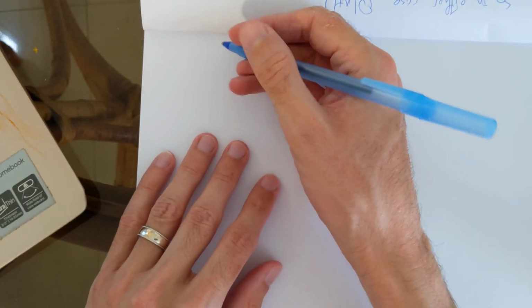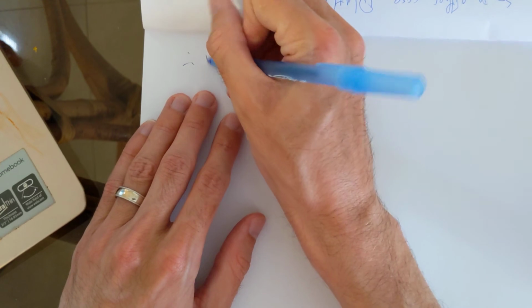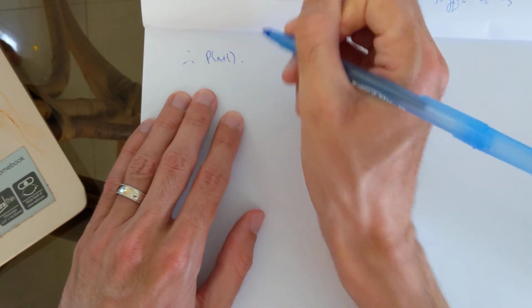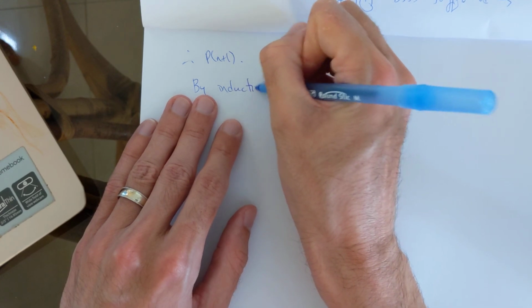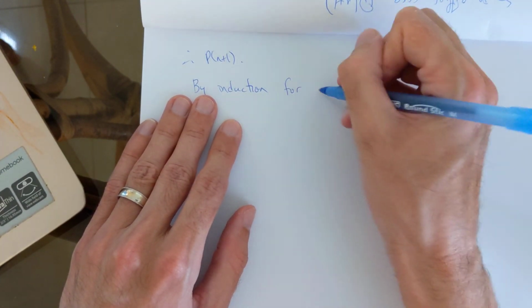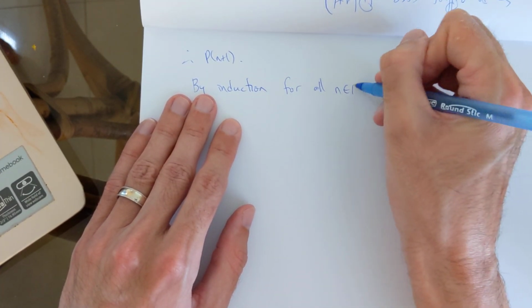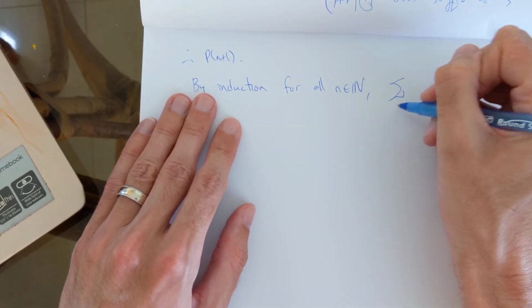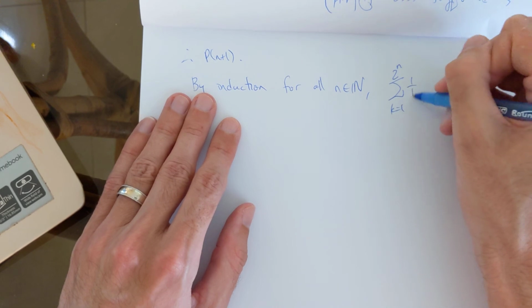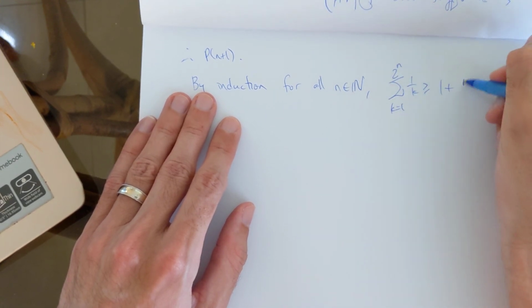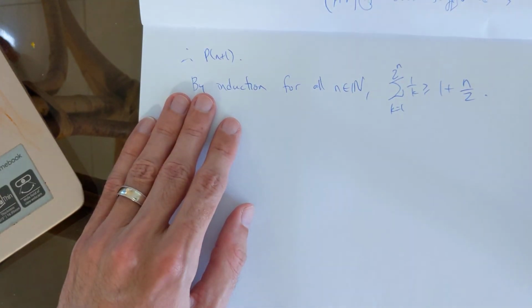Okay, so therefore p of n plus 1 holds by induction. Here's our conclusion. For all n, p of n, which just means for all n, the summation from k from 1 to 2 to the n of 1 over k is greater than or equal to 1 plus n over 2.